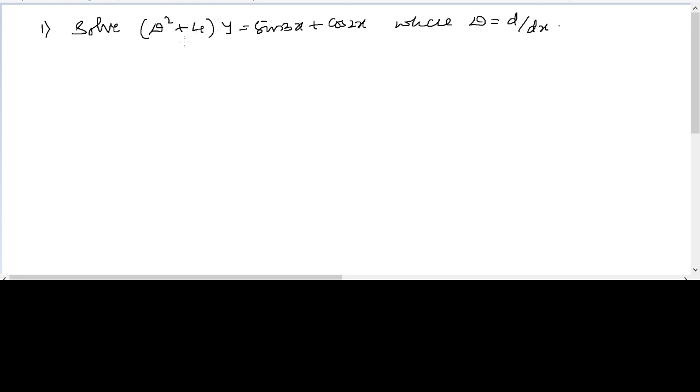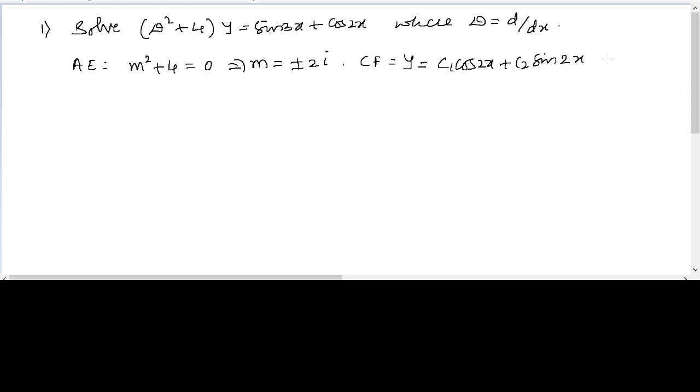For finding the complementary function we need the auxiliary equation, which is m square plus 4 equal to 0. So we get m equal to plus or minus 2i. The roots are imaginary. The complementary function is y equal to c1 cos 2x plus c2 sin 2x. Let us write this as 1.